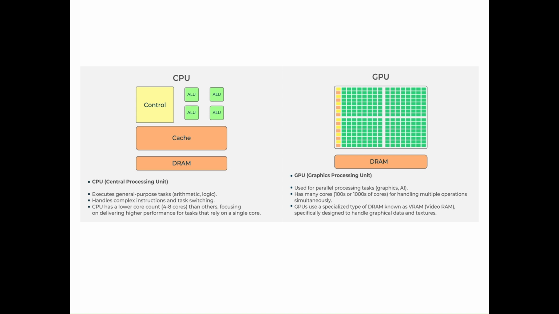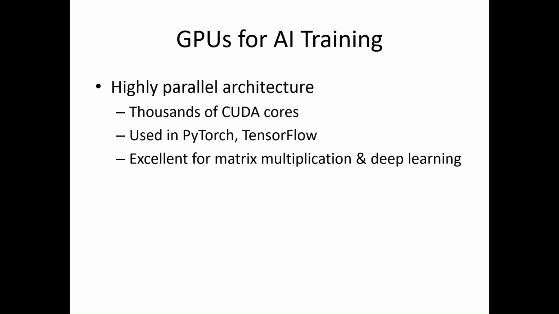A GPU processes multiple operations in parallel. It uses a specialized type of DRAM known as VRAM, designed to handle graphical data and structures. So a GPU is an efficient way of processing complex operations.